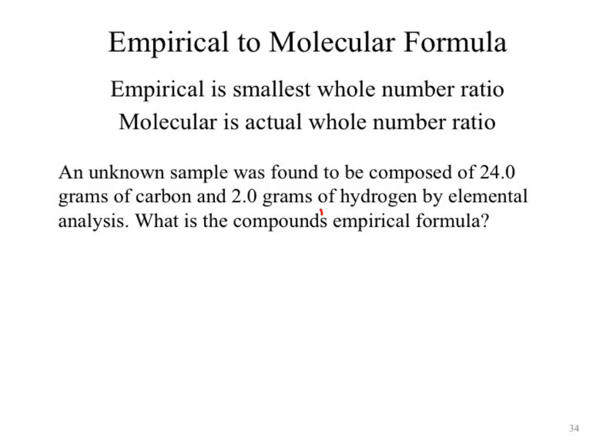In theory, when you go through and do this calculation, you should have come up with the formula CH. Okay. I noticed a bunch of people went through and said C2H2. Okay. Your calculation is correct, but you aren't solving for the empirical formula. So you got C2H2 because you said there's 24 grams of carbon.